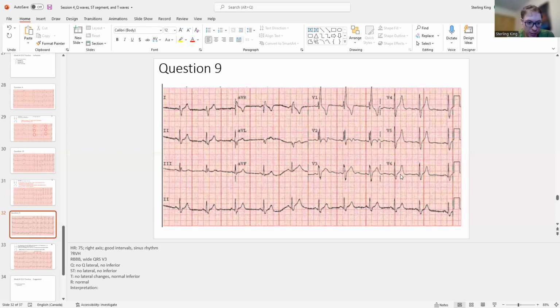So what were we at? No Q's, precordial. ST is concave. Since it's concave, then strain on the right bundle branch block. Let's have a look at STs. It's about the same.